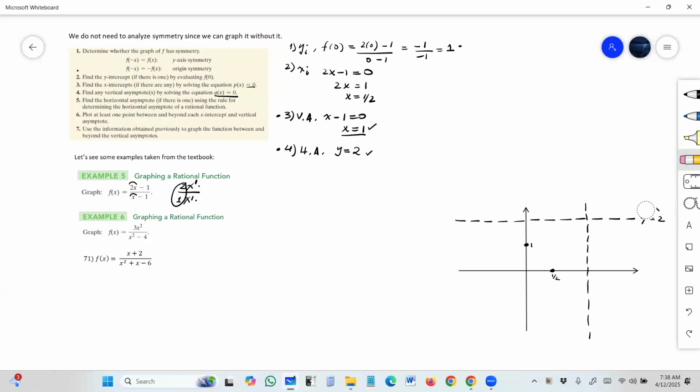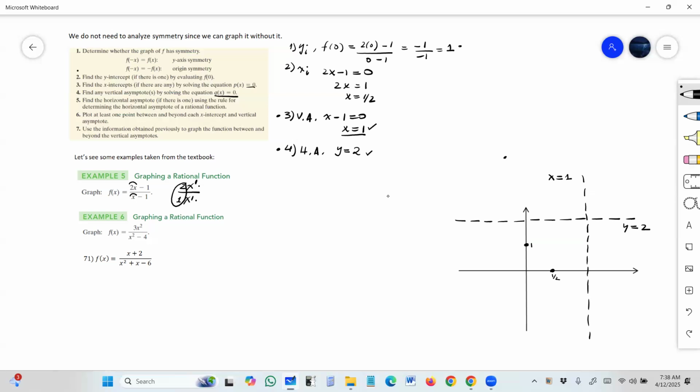Now let me just write this a little bit differently. I'm going to put it over here, x equals 1. And I'm going to write here, y equals 2. All right, so I now have several regions in the graph.